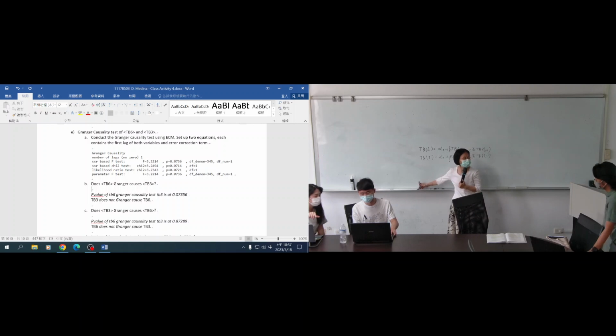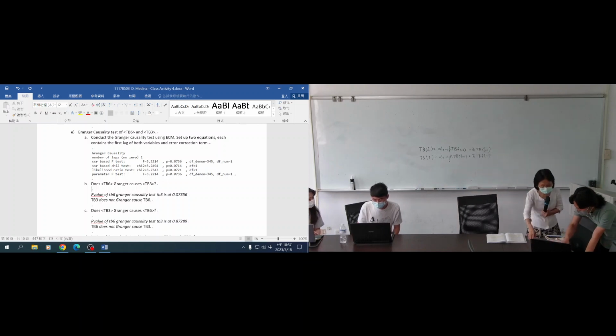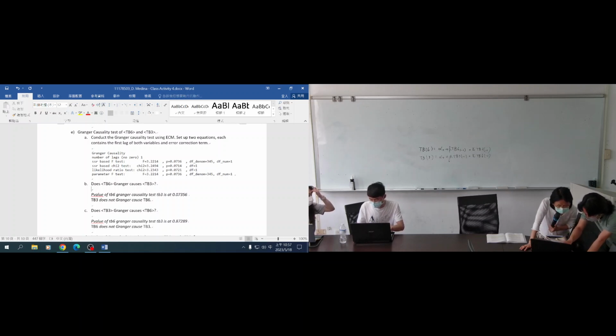Then all the p-values. I also did the lags for TB3 and TB6 lag 1, which is shifted, then added in TB6.